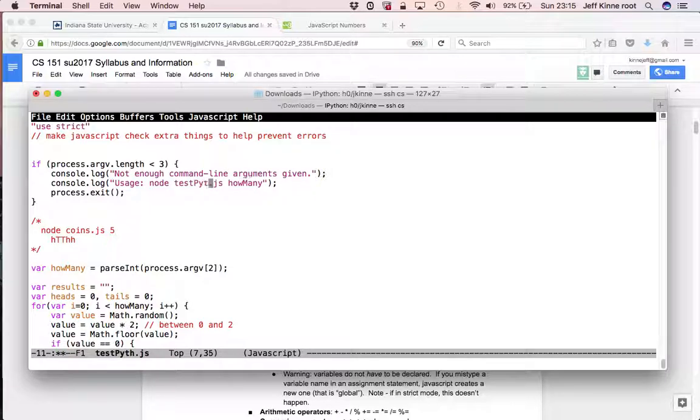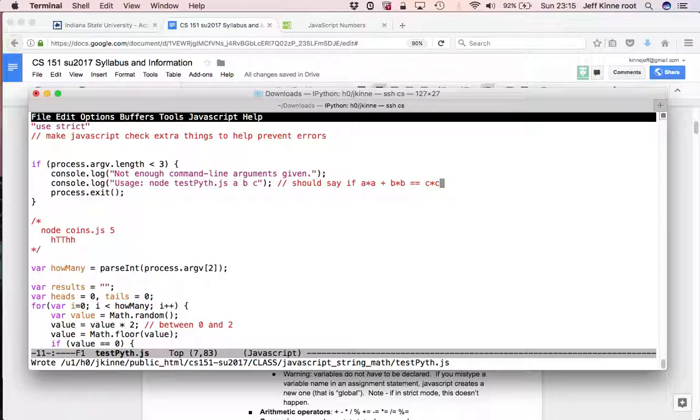Test pith. So I'm going to give it A, B, and C. Should say if A times A plus B times B equals C times C. A squared plus B squared equals C squared.